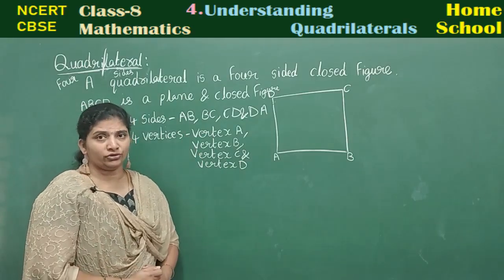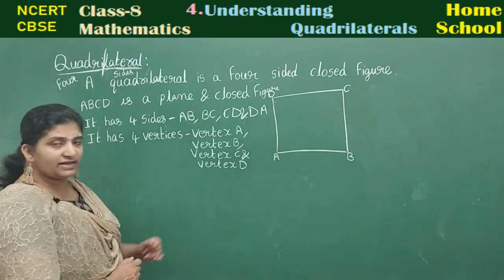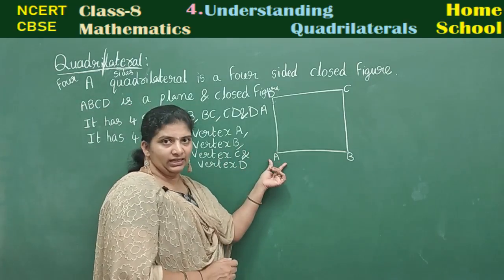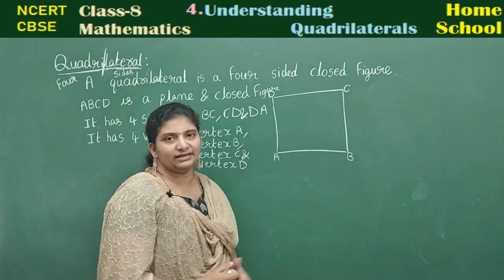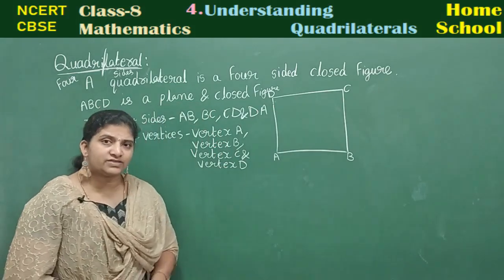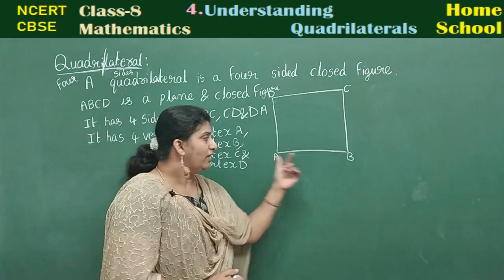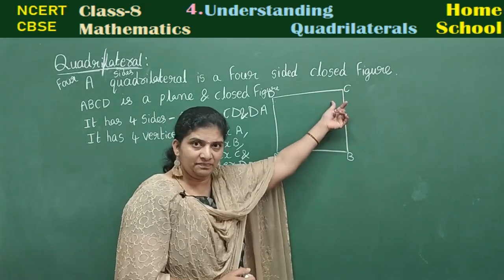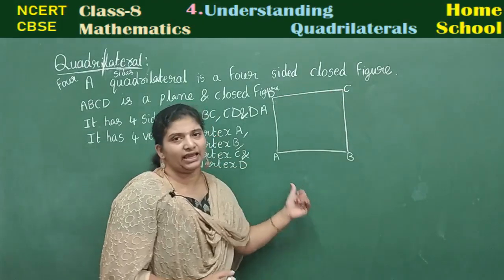Then what are we going to talk about? We are going to talk about angles. How many angles does it have? Angle A, angle B, angle C, angle D. Or in other words, we can say this as angle DAB, angle ABC, angle BCD and angle CDA.